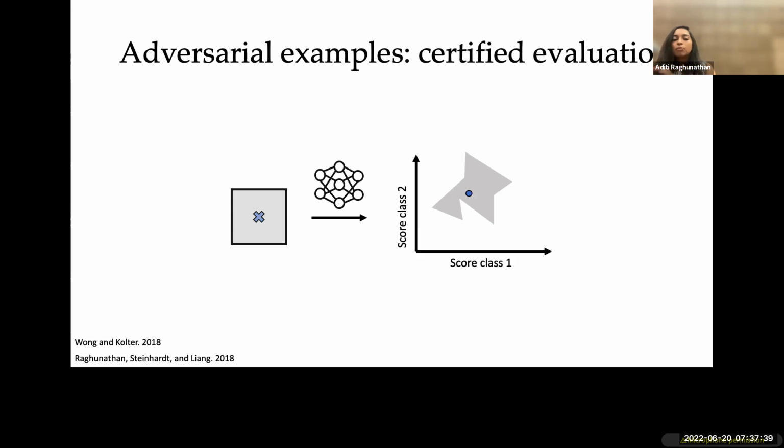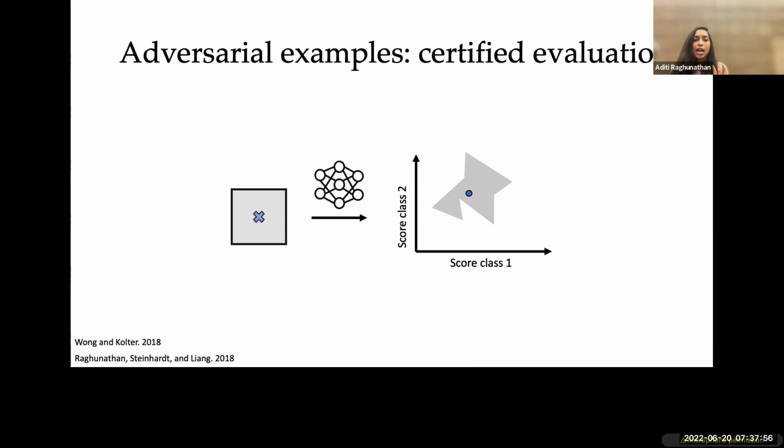So if we were to reason about this complicated non-convex object, we run into problems because there are all these corners that you might miss out. You don't really know if there is a point that the model actually gets wrong. So one way to get a certified evaluation is the following idea.